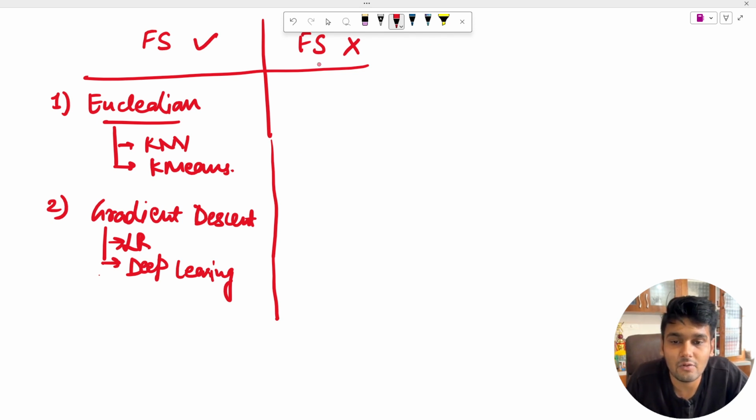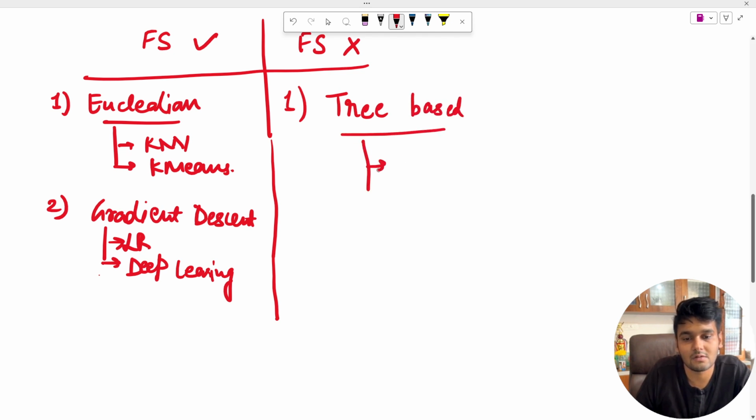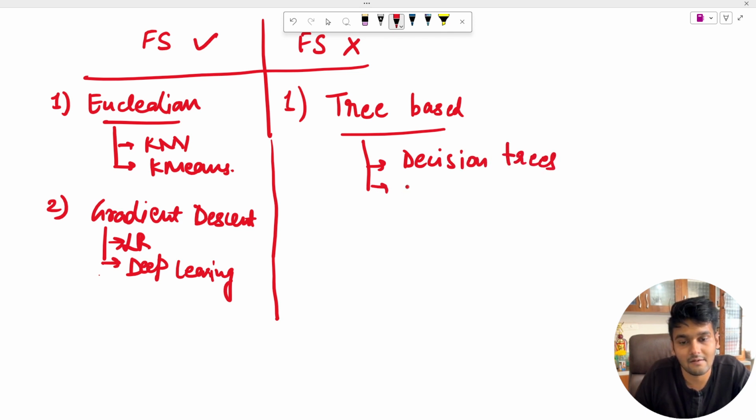The second group, where we don't require feature scaling, are mainly the tree-based techniques, right? Tree-based includes decision trees, random forest, and XGBoost.